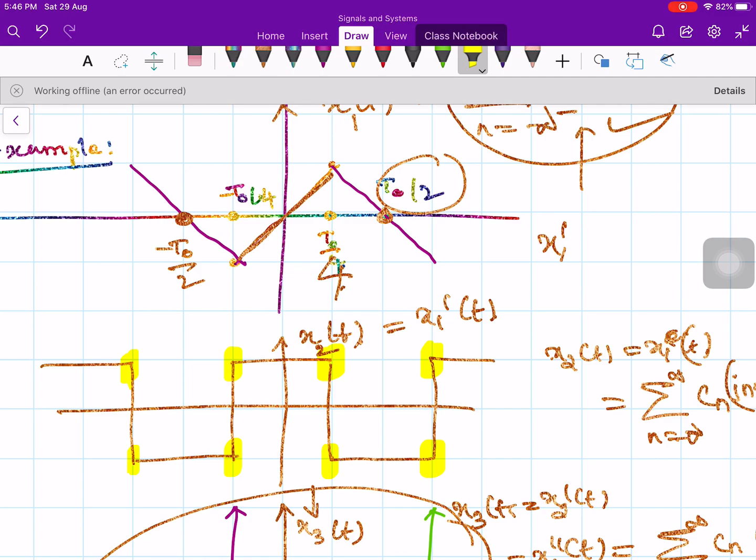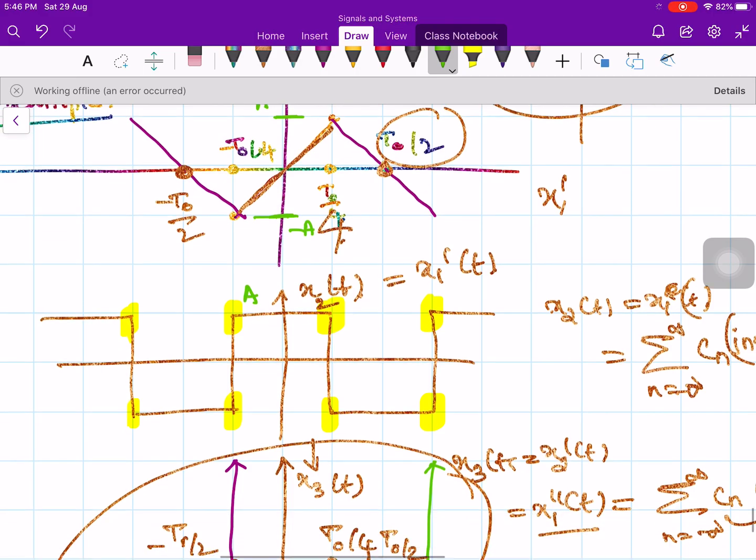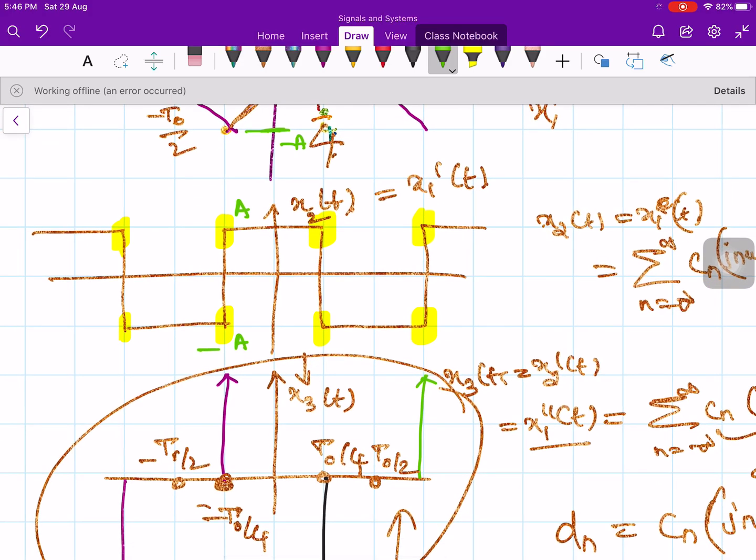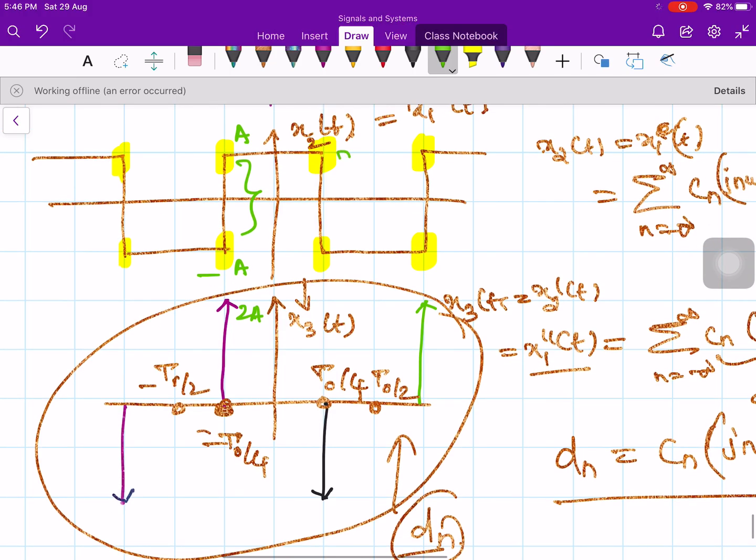So this waveform's magnitude is a, and this one is minus a, right? Therefore this is plus a and this one is minus a. So the total jump is 2a, and here also the total jump down is 2a.